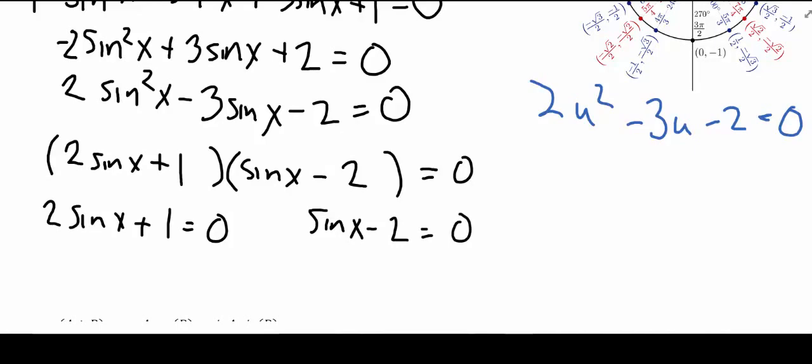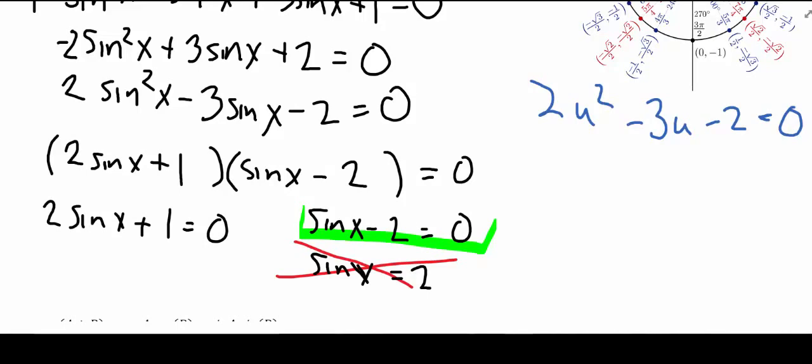Well, if I solve this one here, sine x equals 2. Where does sine of x equal 2? Never. So this one is not possible, because the maximum value that sine ever obtains is 1. So now we have sine x equals negative 1/2 if I solve for sine of x.